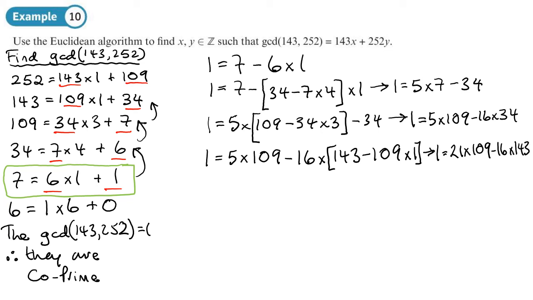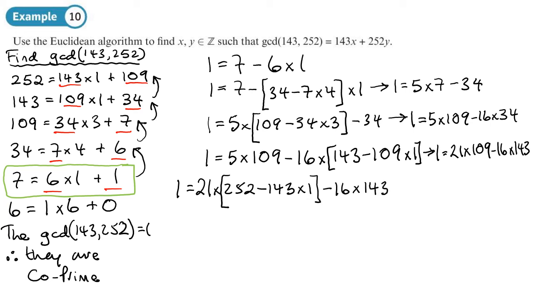Then we move back to this here and we replace the 109 in our working. So 1 equals, so 21 times the 109 we replace with 252 minus 143 times 1, minus 16 times 143. And what we do from here is again group together the like terms.